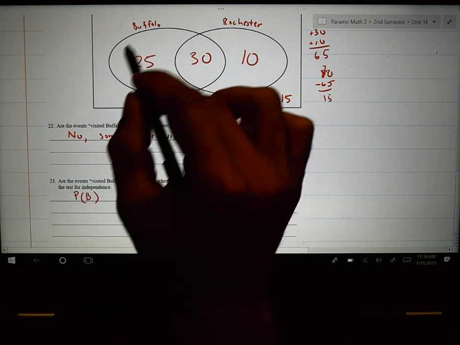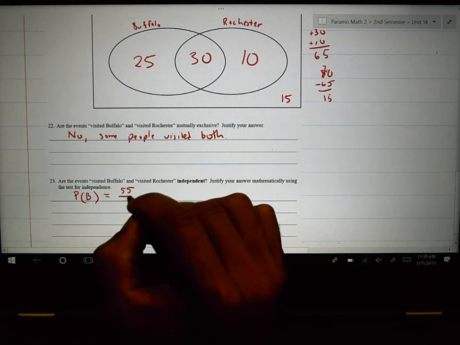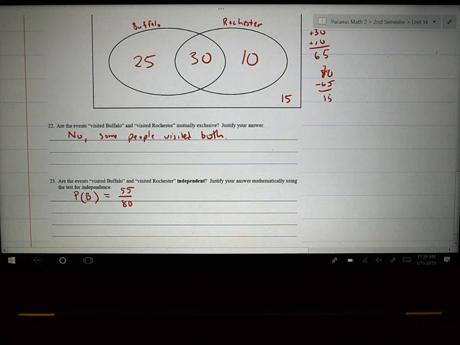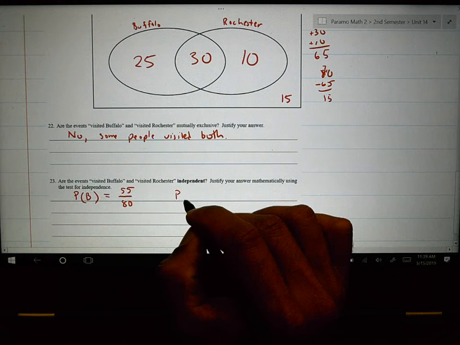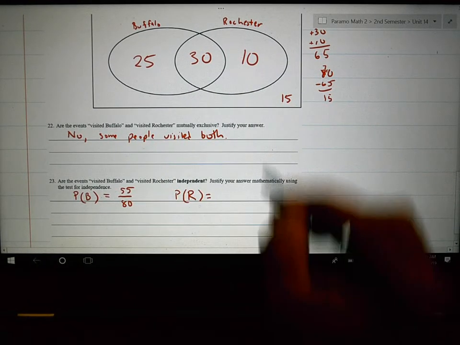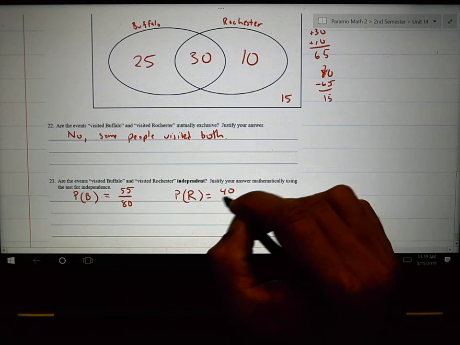There's how many people who went to Buffalo? It was 55 out of a total of 80 people. The probability of going to Rochester was 40 out of the 80.